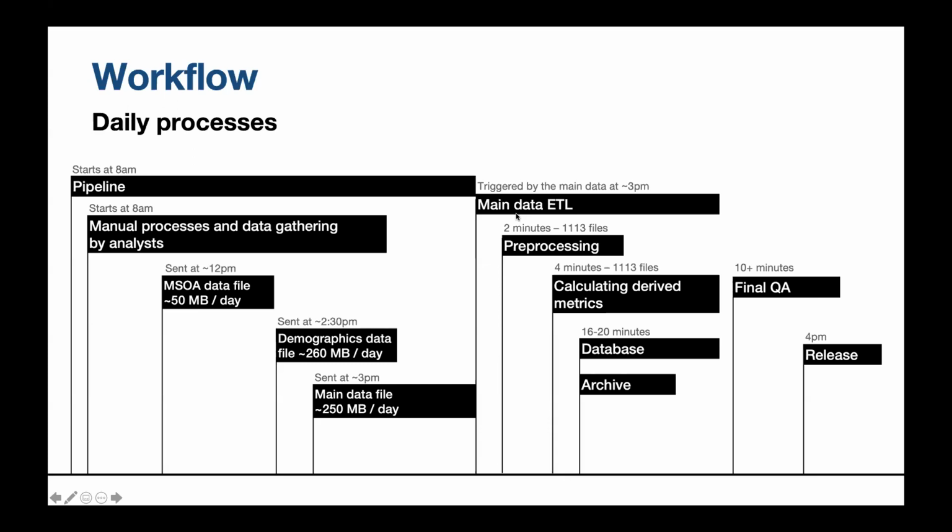If, however, the problem is with the pipeline, then we need to identify where the problem in the pipeline is, then fix that problem, and then build the data again and send it to the ETL. That can take anything up to 2 hours just to build the data, not to fix a problem, but just to build the data, and then it needs to go through all this again.